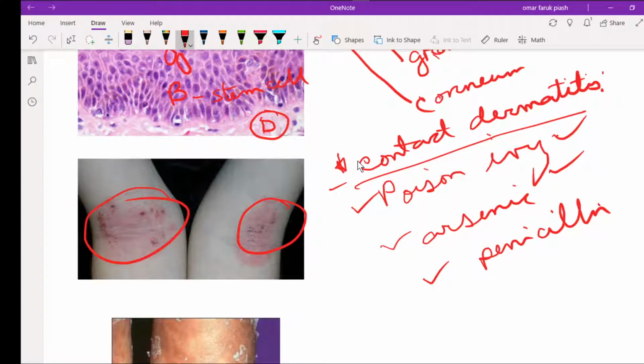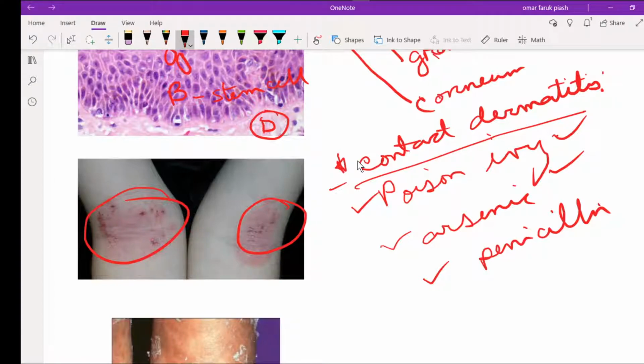Some chemicals like detergents are responsible for contact dermatitis too. In contact dermatitis, you need to avoid the offending agent, remove the offending agent, and you can give topical steroid.